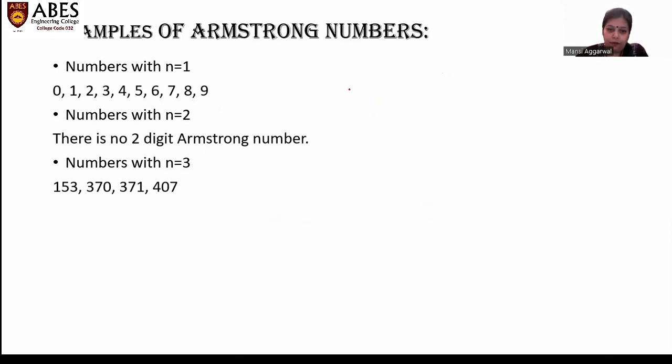If we want to check 371, we can see that 3 cube plus 7 cube plus 1 cube again will give us 27 plus 343 plus 1, which makes it 371, which is the number itself. So again, this is an Armstrong number.